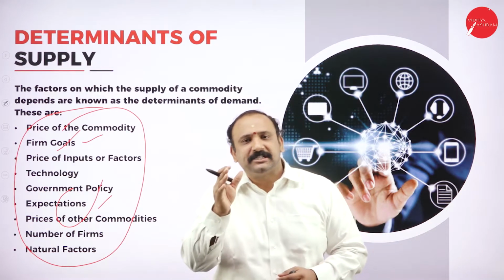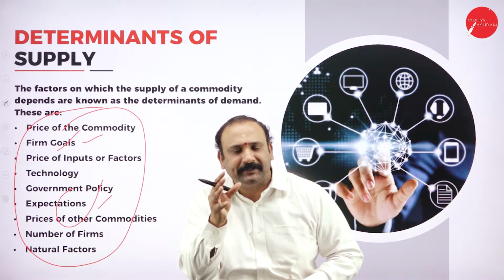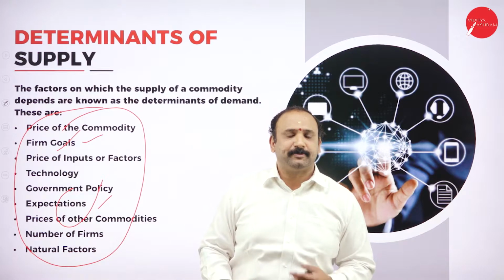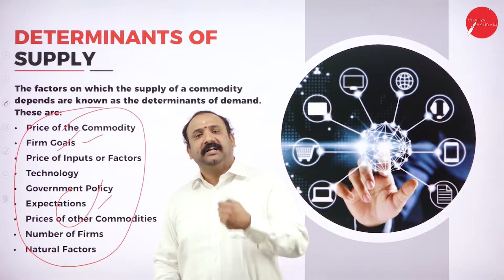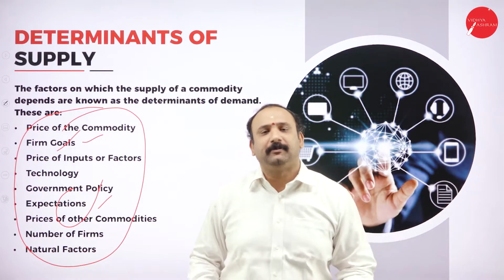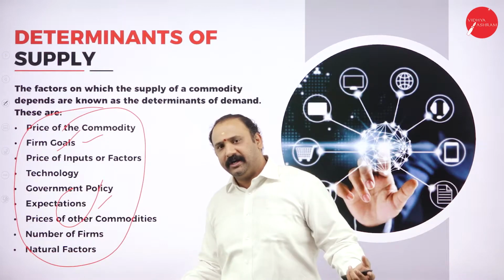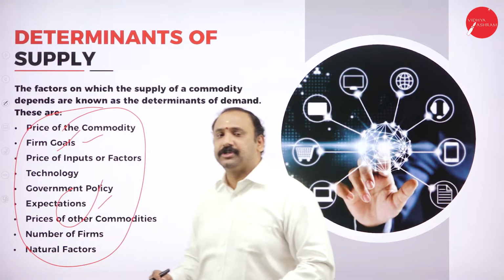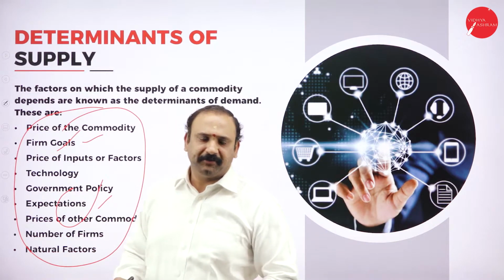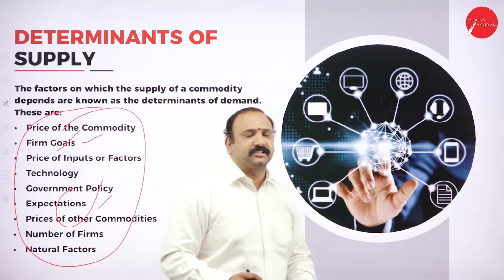Now, Raymond's doesn't want to accept competition just like any other firms, because Raymond's has experienced the supply curve to the maximum level possible. It has been there in the market for more than 80 years now. An 80, 90 years plus institution. It's almost going to touch about 100 years in a couple of years coming down.